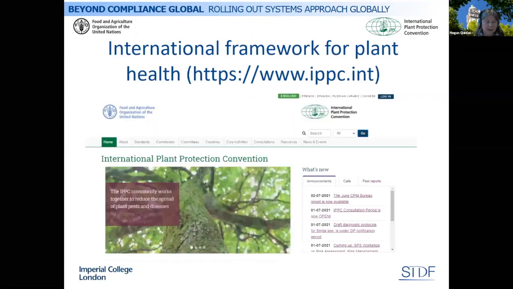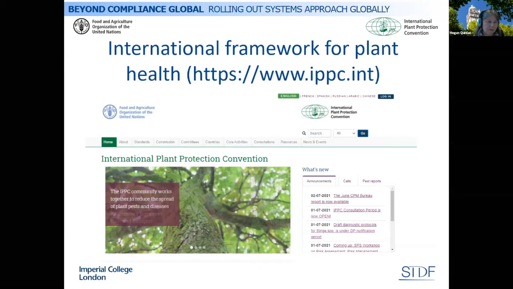But first, I'm sure many of you know this, but the framework that we're talking about is for international trade, international movement. It's specifically the International Plant Protection Convention. This convention has more than 180 contracting parties, so it's very much a global convention.